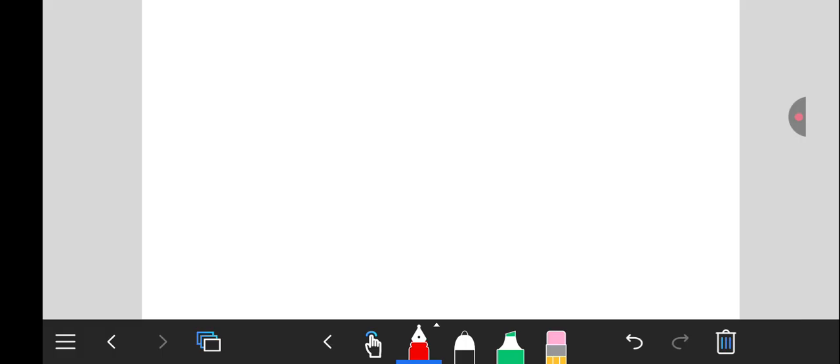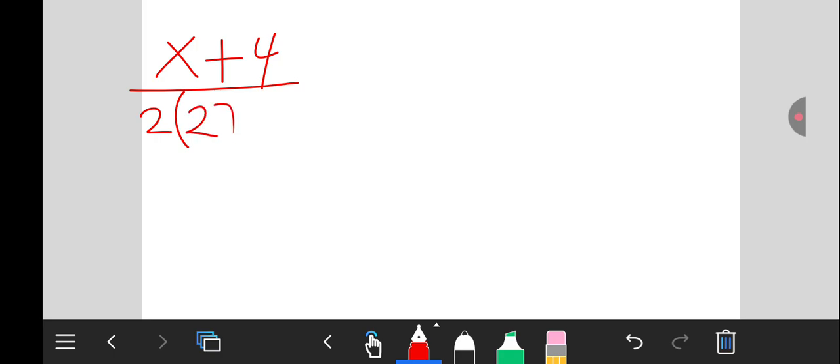So we have x plus 4 over 2 open bracket 27 minus 2x is equal to 1.